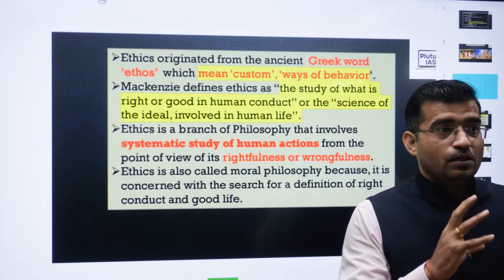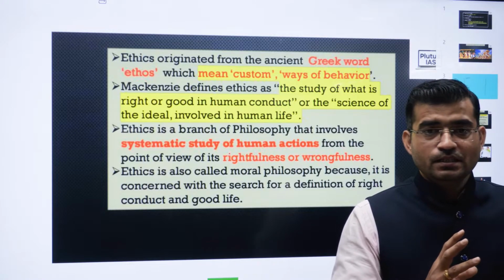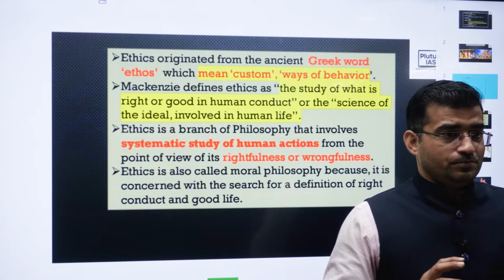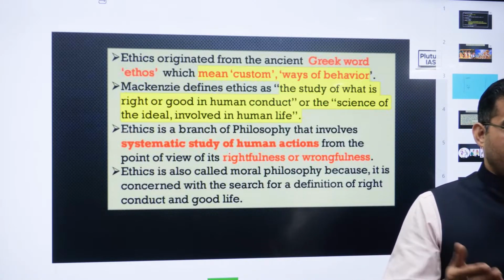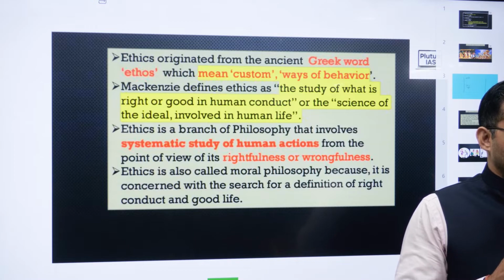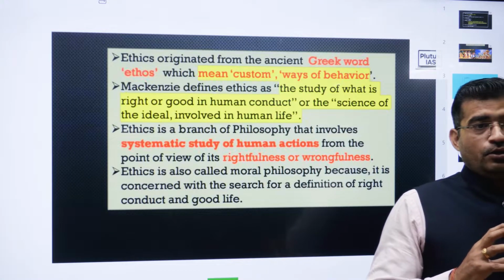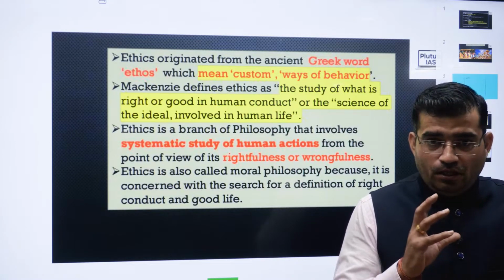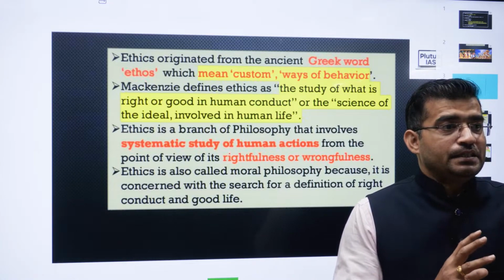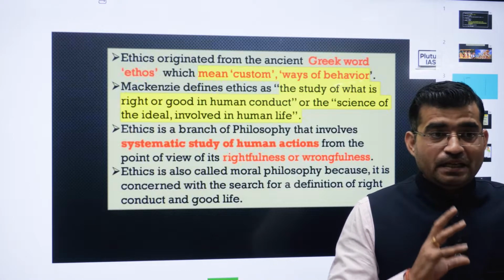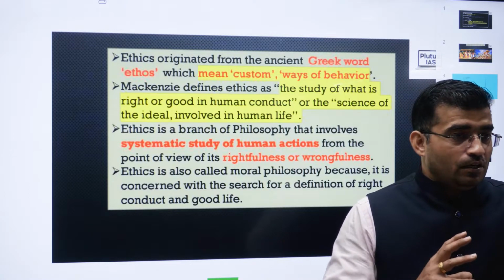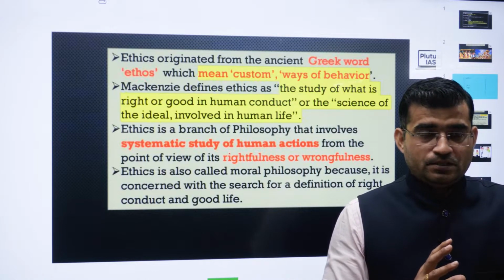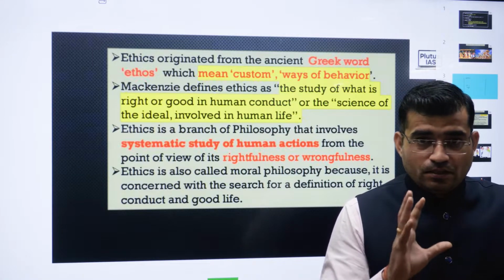Suppose our heart is filtering our blood, providing us oxygen, and we emit carbon dioxide. This kind of respiration activity is done by the heart. But the heart independently cannot make decisions, cannot walk from one place to another, cannot provide service to others.